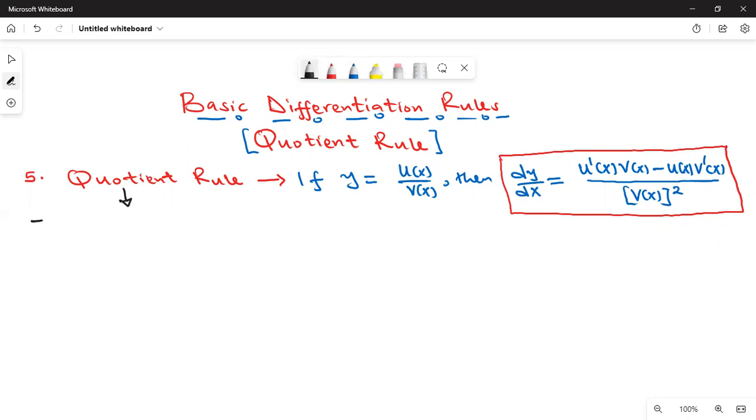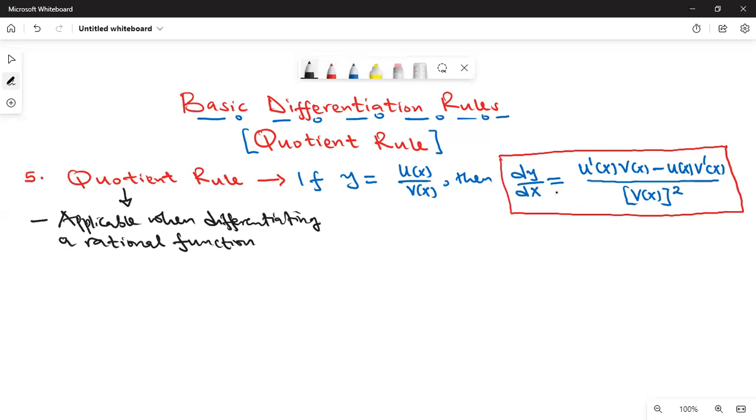So this rule is applicable when differentiating a quotient, or differentiating a rational function, with the numerator and denominator being functions of x, where x is the independent variable.